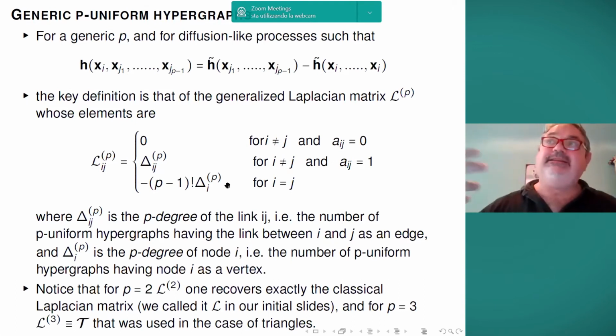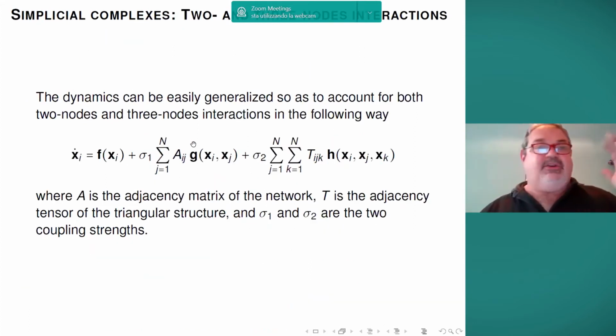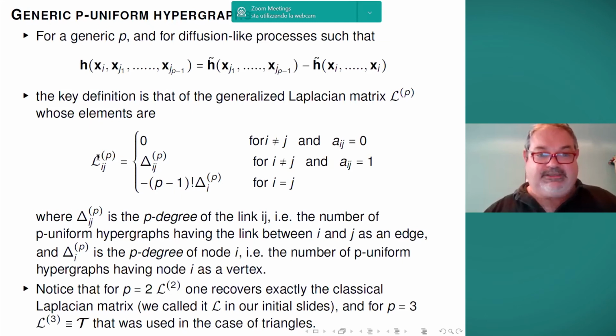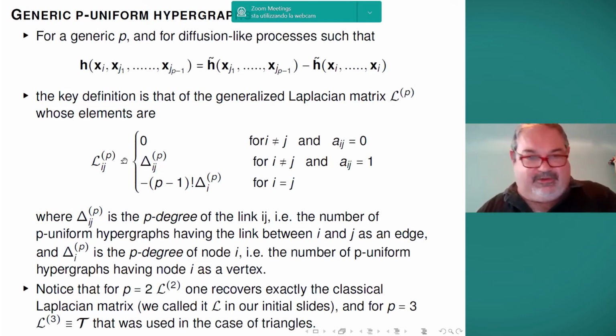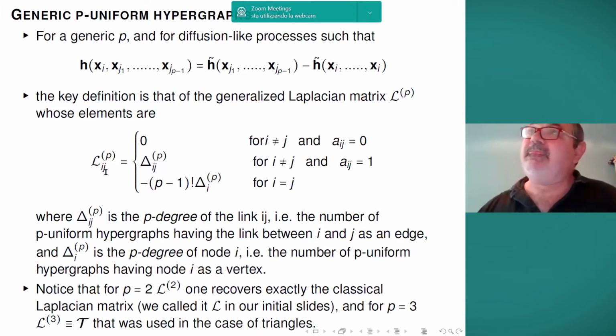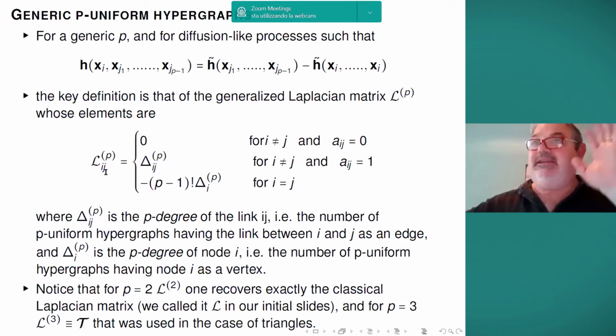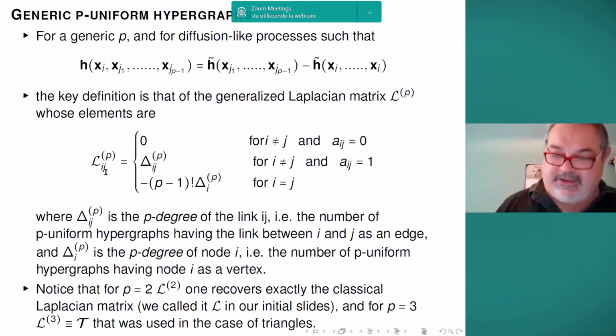It's a way of writing the Laplacian matrices for all possible hypergraphs of dimension p. When you consider this, you can show that this Laplacian is exactly the one you have to diagonalize. And you find again for p-uniform hypergraph of whatever dimension, the same 3 classes of the master stability function.